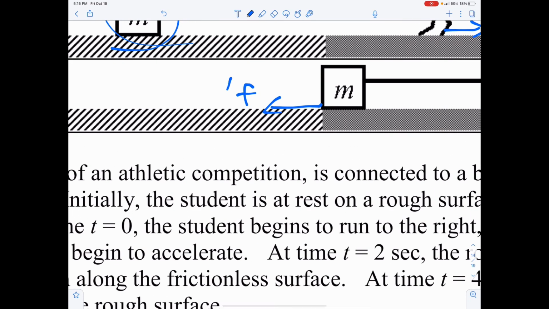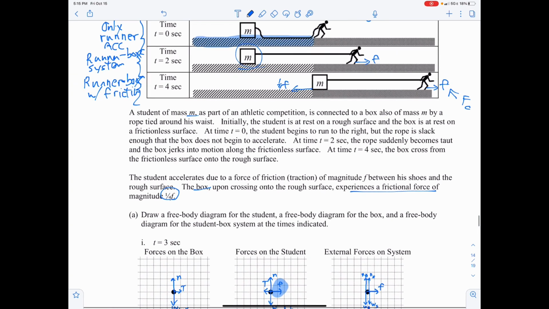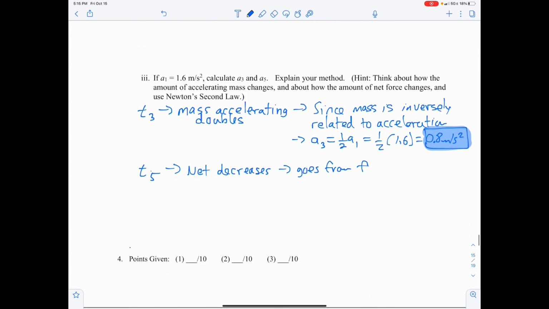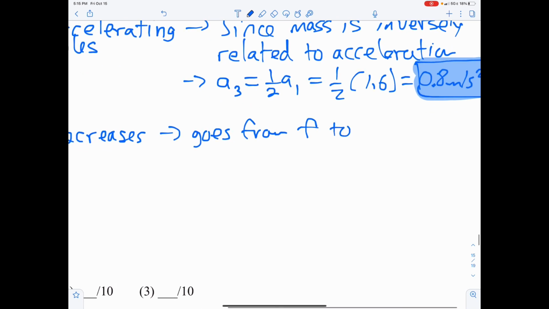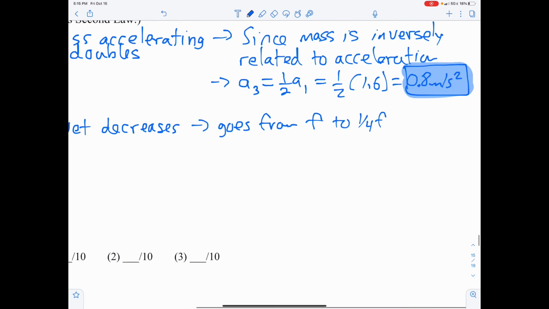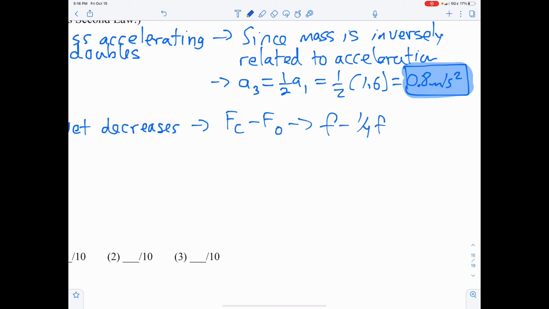So this friction is actually 1/4 F. So let me back up, just calculate the net force. Causing force minus opposing force would be F minus 1/4 F equals 3/4 F.